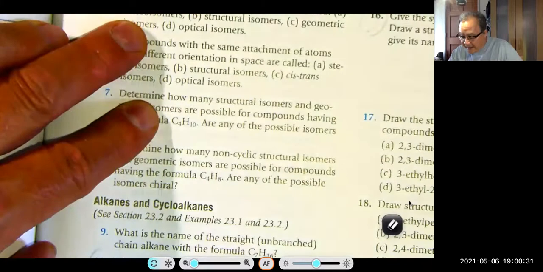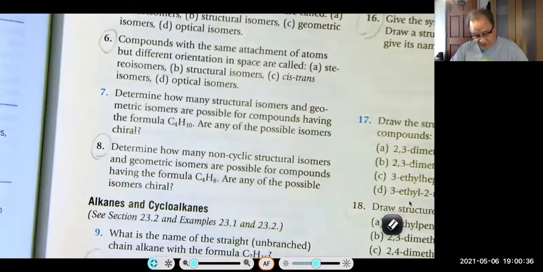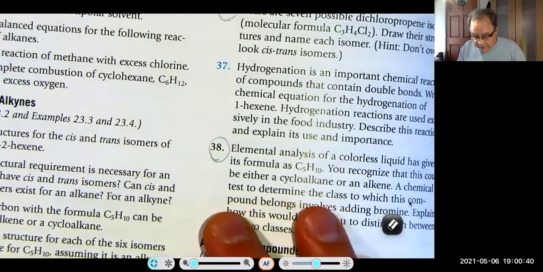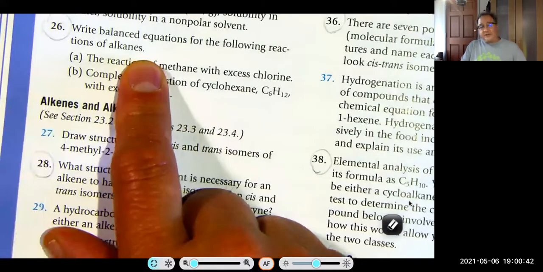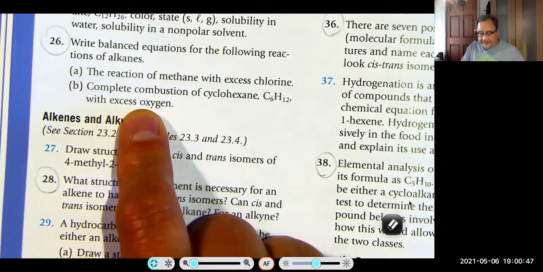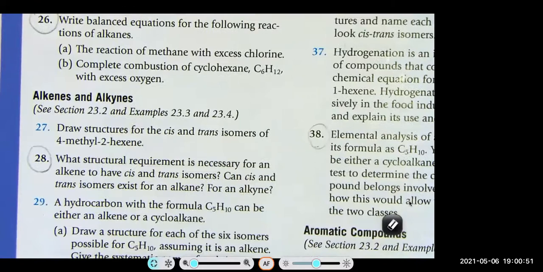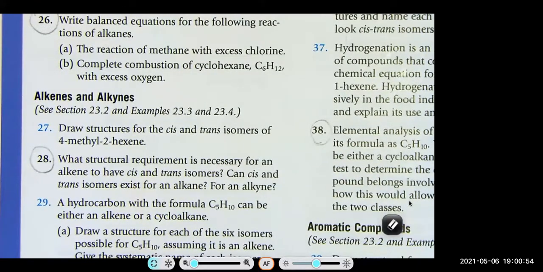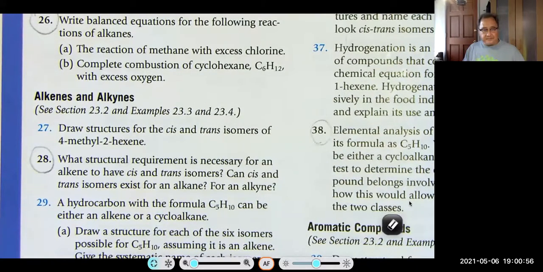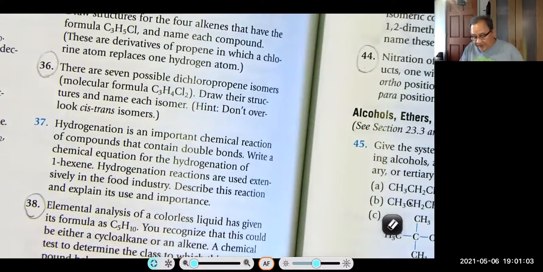You see, draw the Lewis structure. Write balanced equations for the following reactions. So should you be able to do 26? Methane with excess chlorine. Yeah, that's a halogenation. Right. And how about here? I'm looking at alkenes and alkynes.